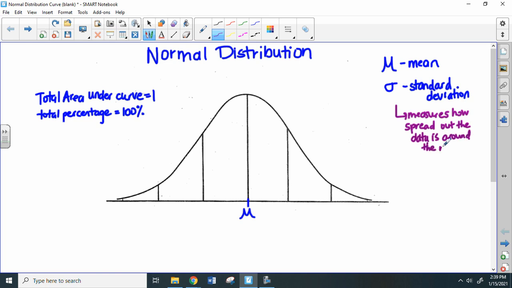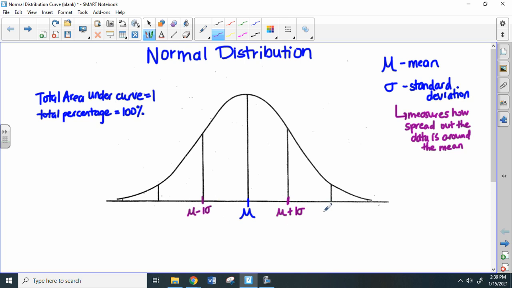On the normal distribution curve, I have some things marked here. You can show up to 3 standard deviations and account for almost 100% of the data. If you know a standard deviation, you can move to this mark by adding 1 standard deviation, or move back 1 mark by subtracting 1 standard deviation.